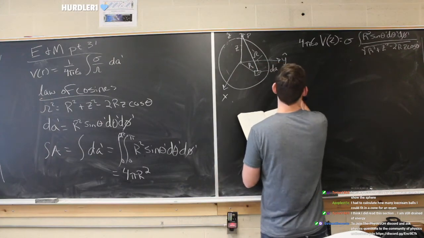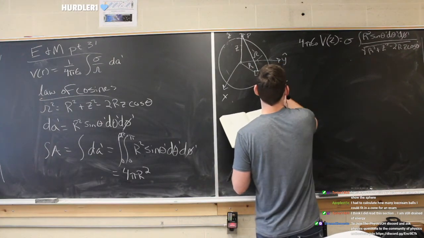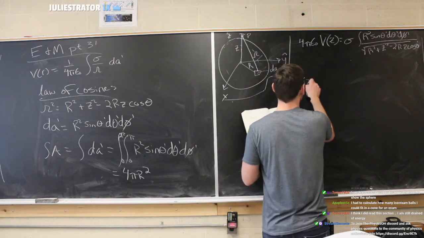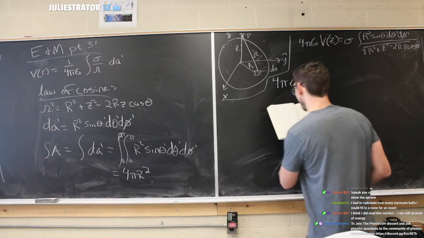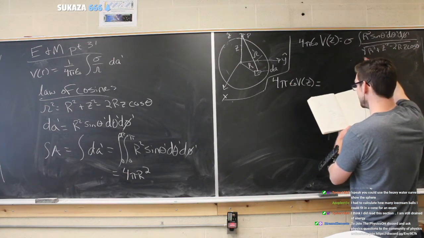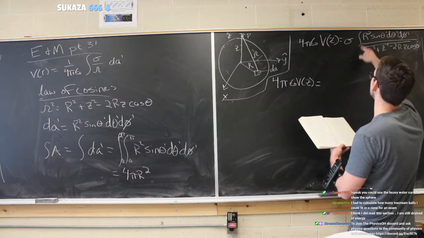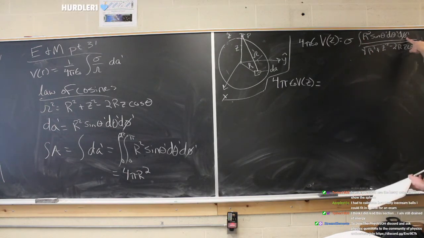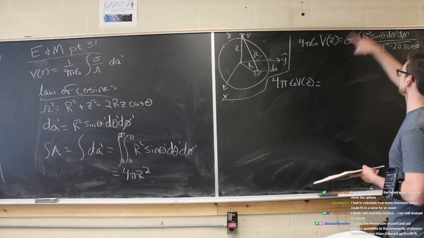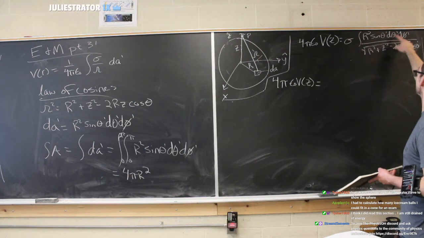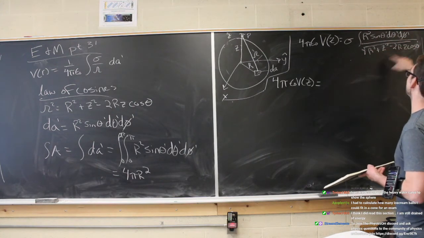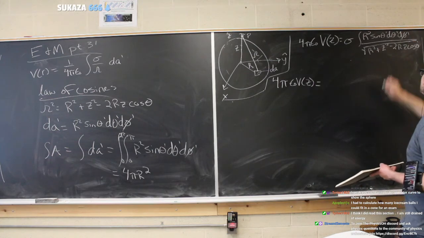So now we have 4 pi epsilon naught Vz is equal to. So we can start evaluating this a little bit. Let's do the integral over phi, which is 0 to 2 pi, and there's only a d phi in here, so that's easy. That just means we get to pull a factor of 2 pi out of the integral, because remember this has 2 integrals, one for d theta, one for d phi, but this has a theta in it, and this has no phi in it. This has a theta down here too, so we have to be a little careful about that.